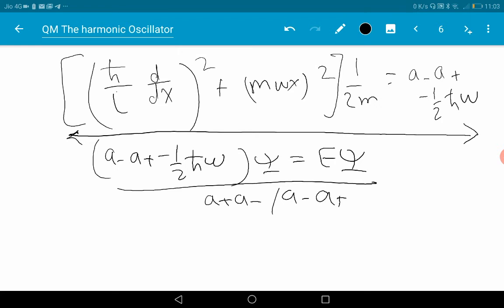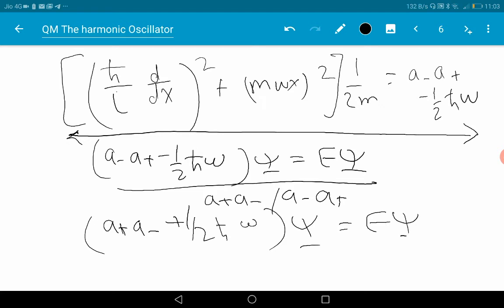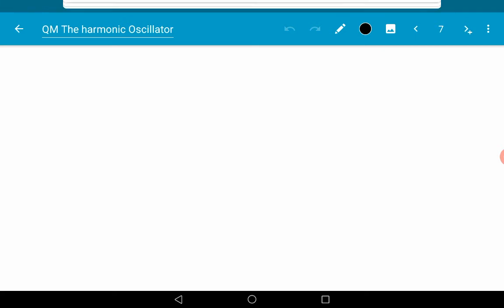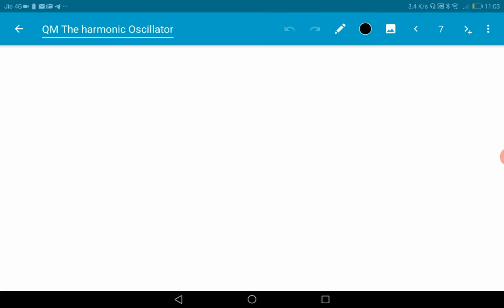So in the form of a plus a minus, it is (a plus a minus plus half h cross omega) psi equals E psi. You can just try and multiply a plus first into a minus. It's the same thing. So now we essentially have that psi satisfies the Schrodinger equation.